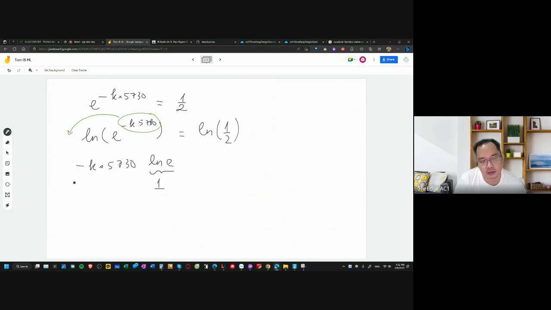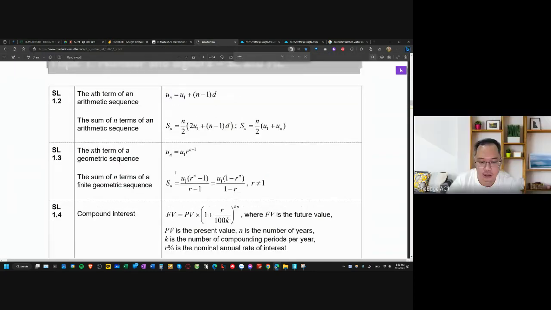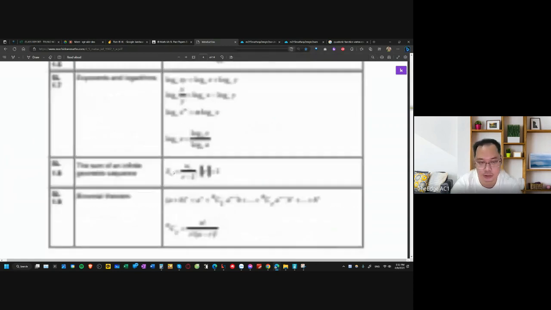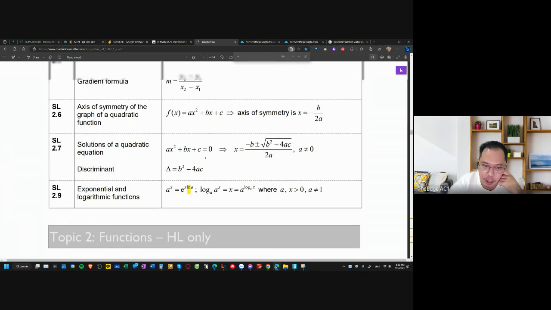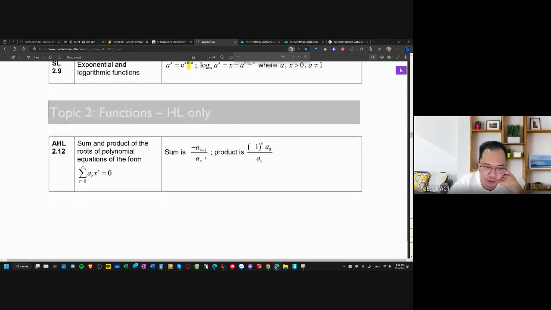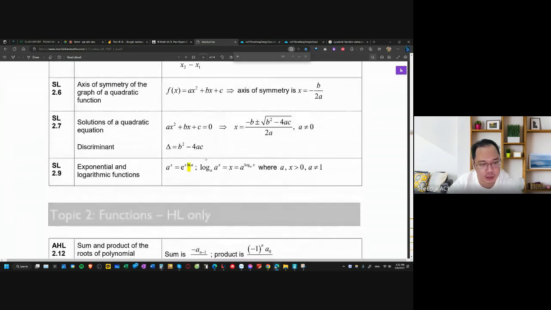So we have a formula in the booklet: ln of e power x equals x. Let me check that. ln of a power x equals e power x ln a? In the exponential and logarithm function section, I don't see that formula.